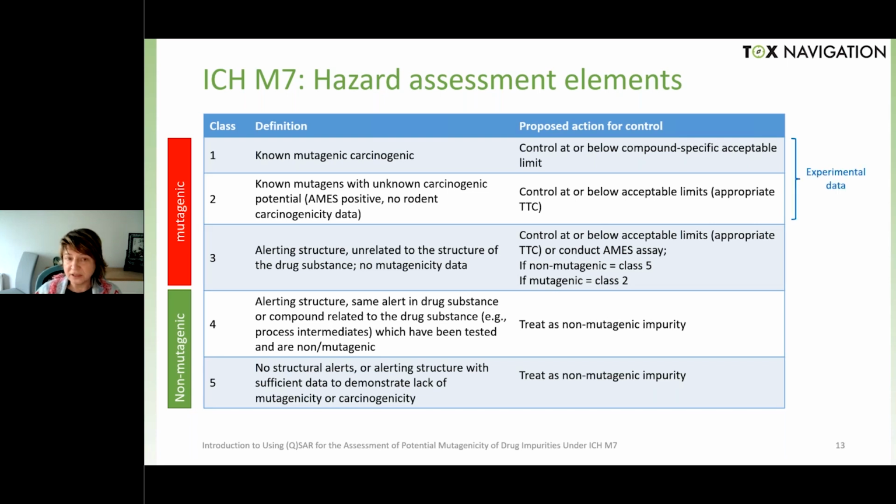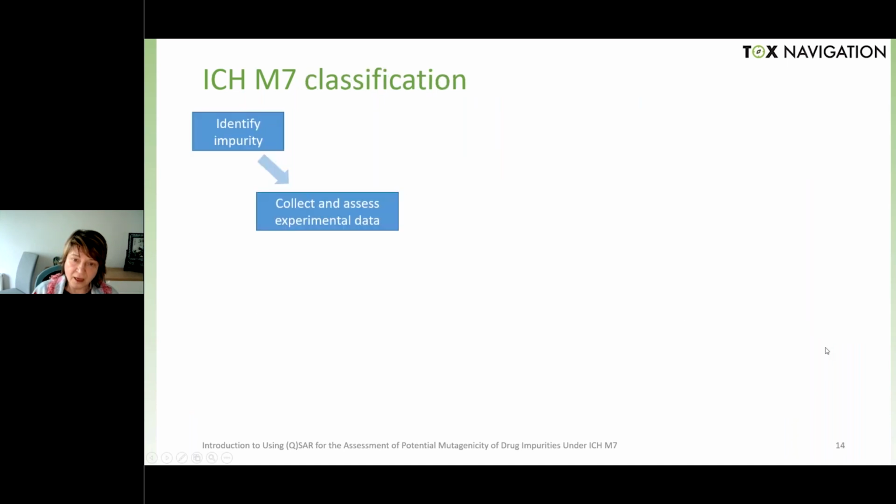The first 2 classes are assigned according to the existing experimental data, and the last 3 classes can be assigned based on in silico models, so with the QSAR models. This is the workflow, how it works. Once you have identified your impurity, you collect and assess the existing experimental data.